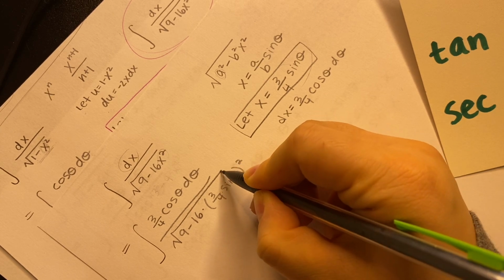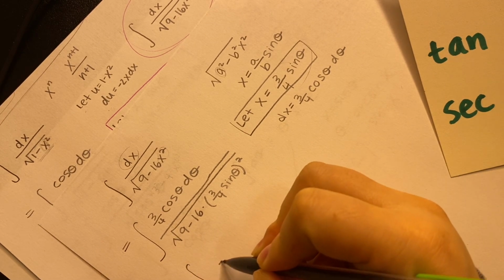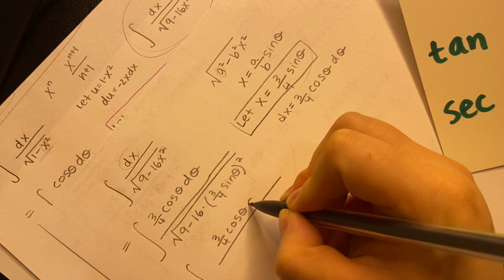As you practice, you won't have to write every single thing out, but it's okay. 3/4 cosine theta d theta up on top.